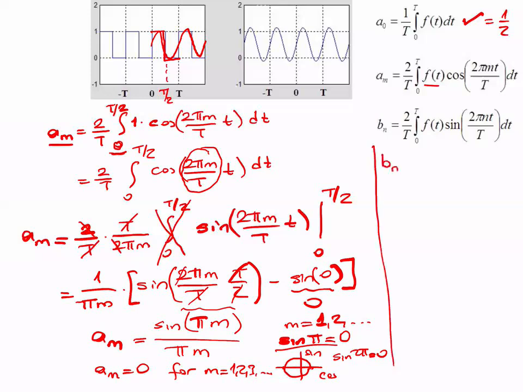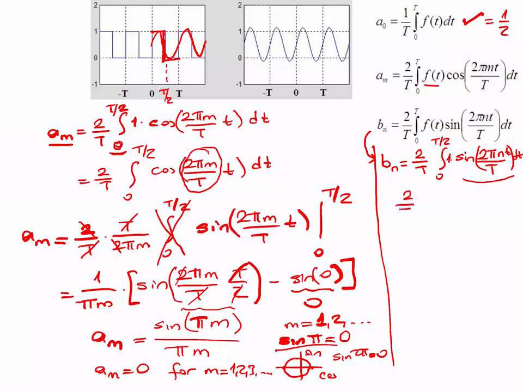I'm going to do a similar thing, 2 over T from 0 to T over 2 times 1 times sine 2 pi n t over T dt, right? I'm putting 2 over T from 0 to T over 2 because I only have signal from 0 to T over 2, and I'm going to have the sine part here.